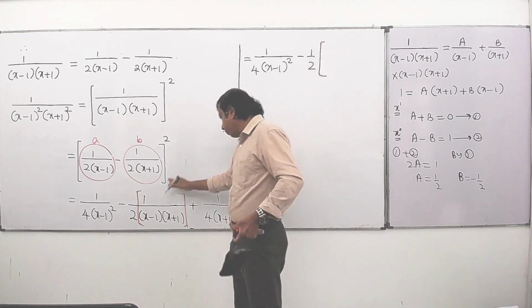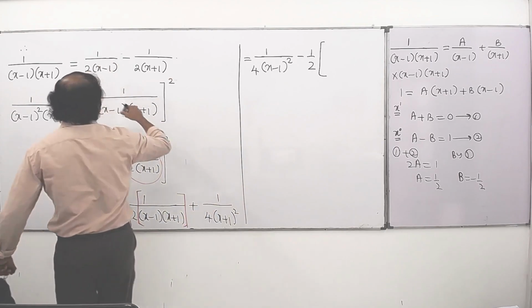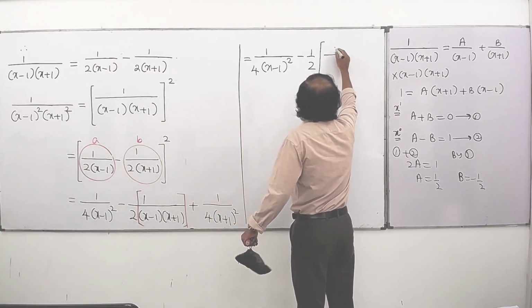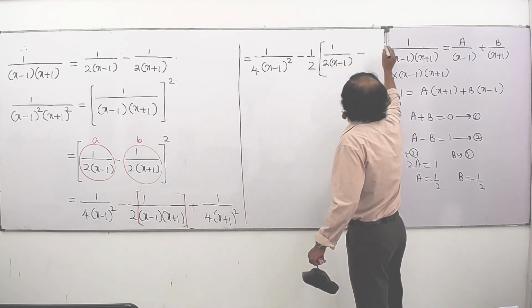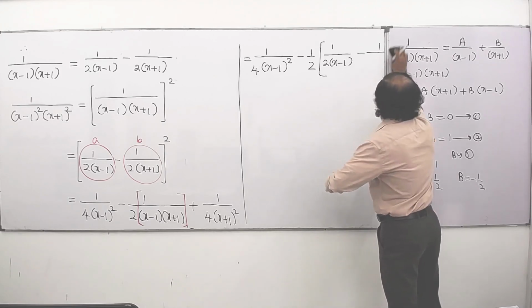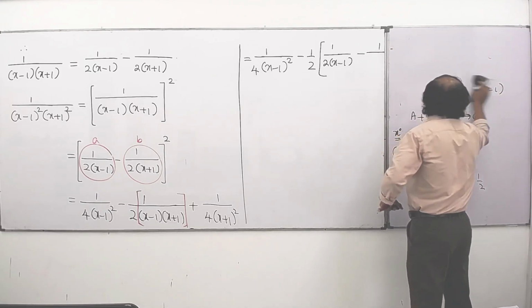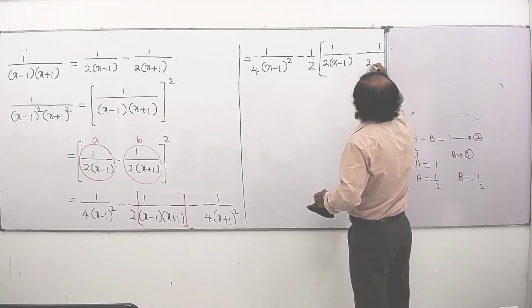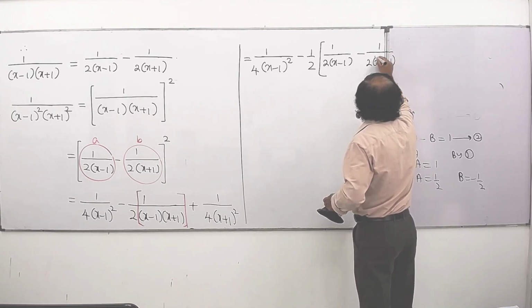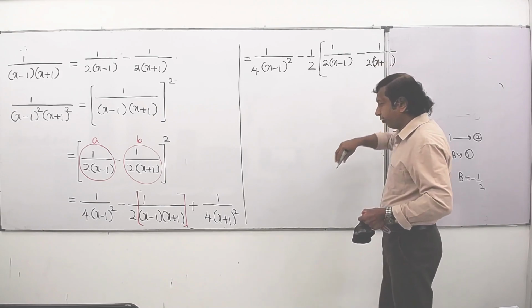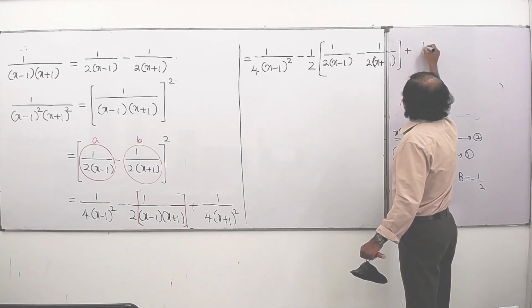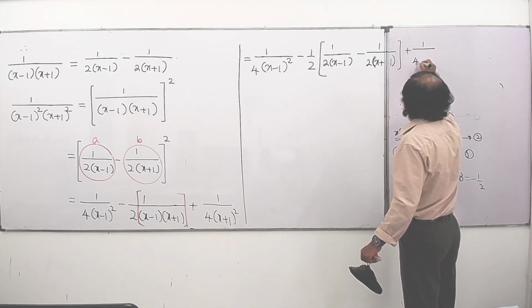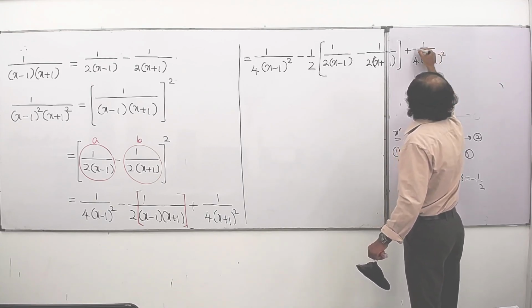Then we have 1 over (x minus 1)(x plus 1) as this: 1 over 2 times (x minus 1) minus 1 over 2 times (x plus 1). I substitute for this. After that we have plus 1 over 4 times (x plus 1) perfect square.